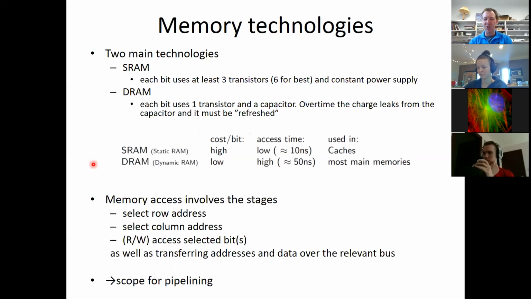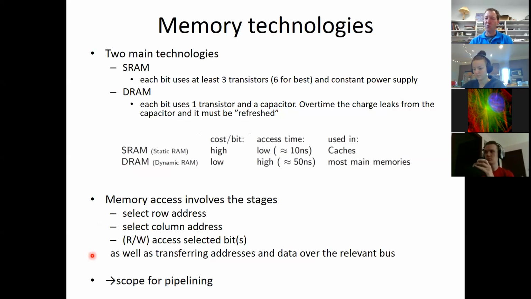Now, memory access involves 3 stages. Memory is laid out in a 2-dimensional way. You select a row of the address, and then you select the column of the address, and then you do the read or write access to the selected bits of the address. So this is how you access the memory.